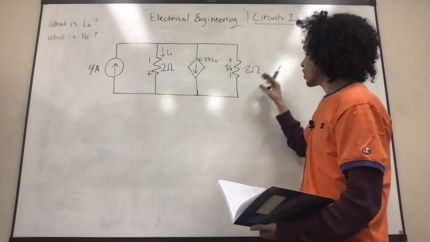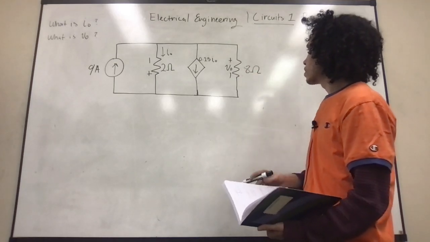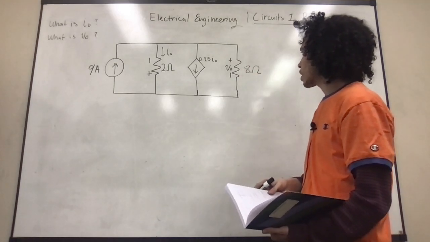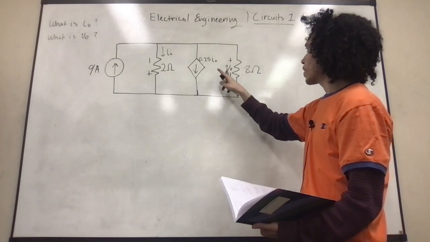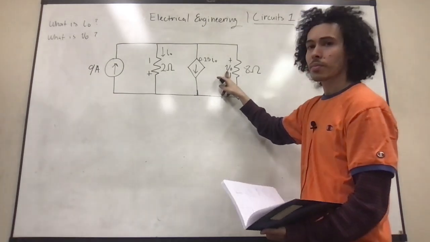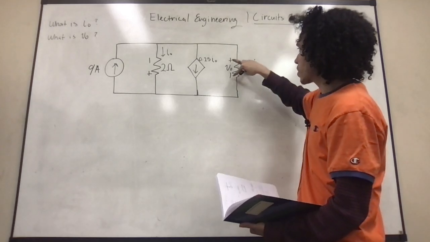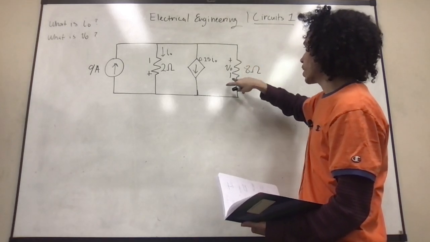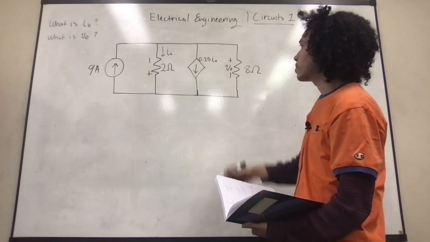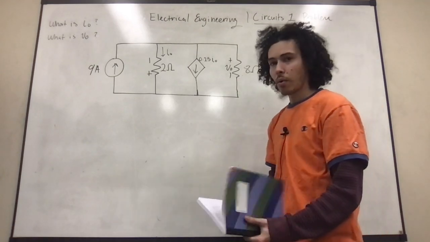And lastly, we have a resistor here of 8 ohms, and we want to find the voltage across this resistor. It's wired up such that the positive's at the top and the negative's at the bottom.